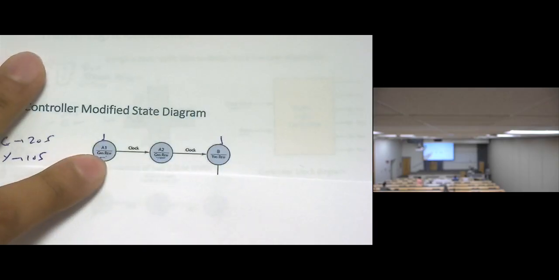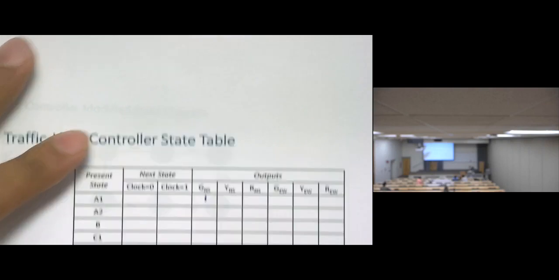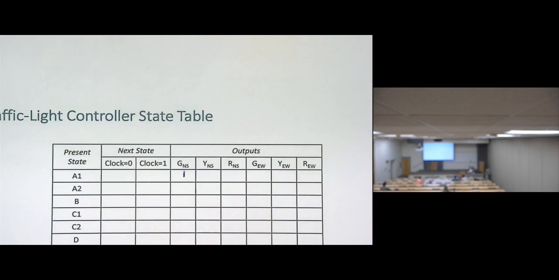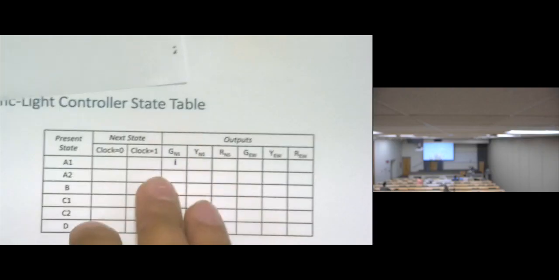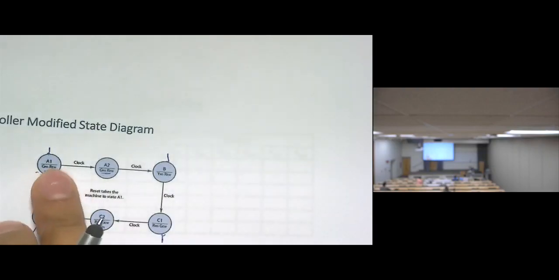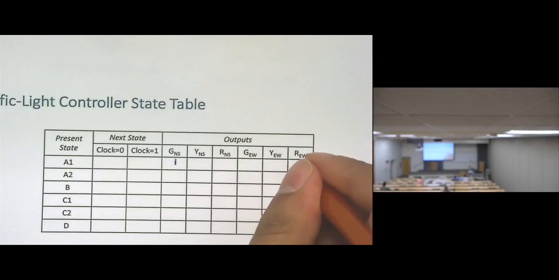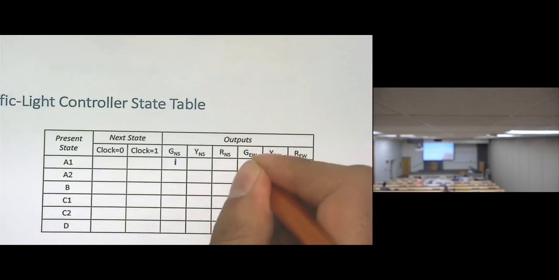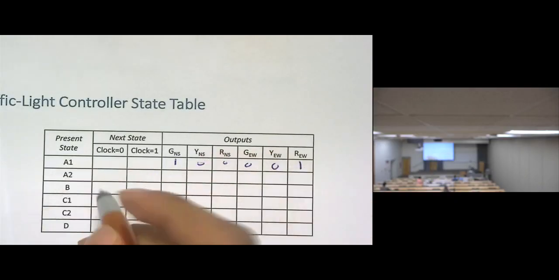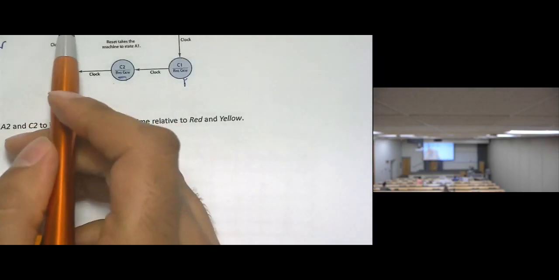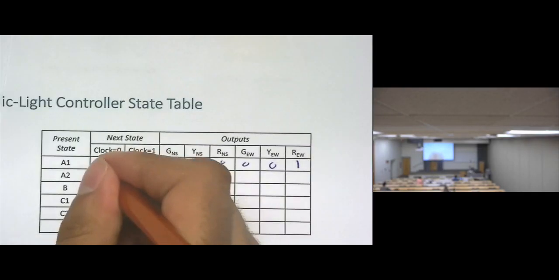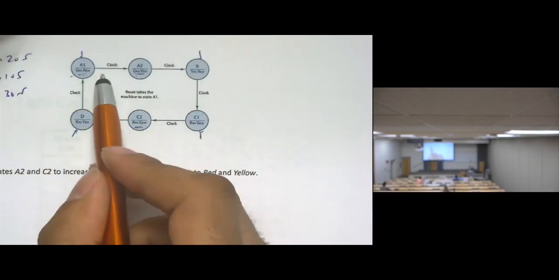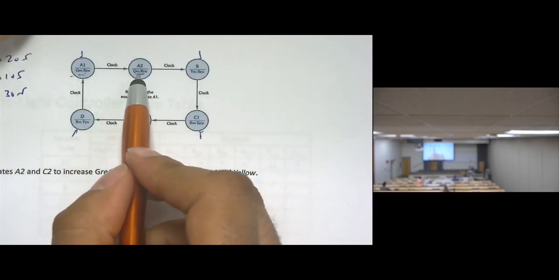Here the green north-south is on, and the red east-west is on, while the rest are zeros: 0, 0, 0, 0. So here I'm in state A. If the clock is not finished yet, I will remain at A1. If the clock is done, I will go to A2, right?